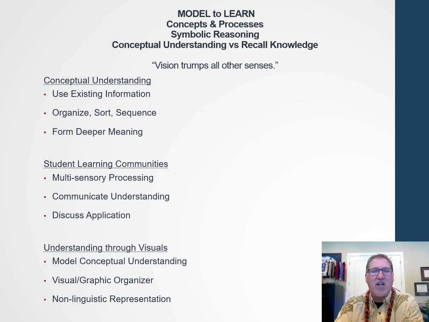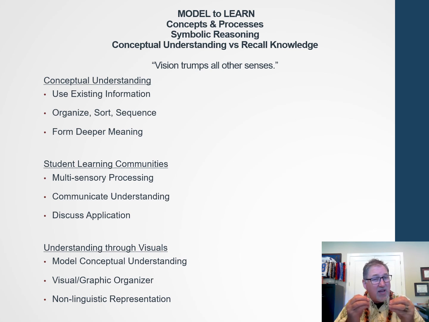And this is a handout in the summary that I think is really great to just have on hand when we think about all of the parts of model to learn. It's about conceptual understanding, using existing information, organized, sort, sequence, trying to form deeper meaning.